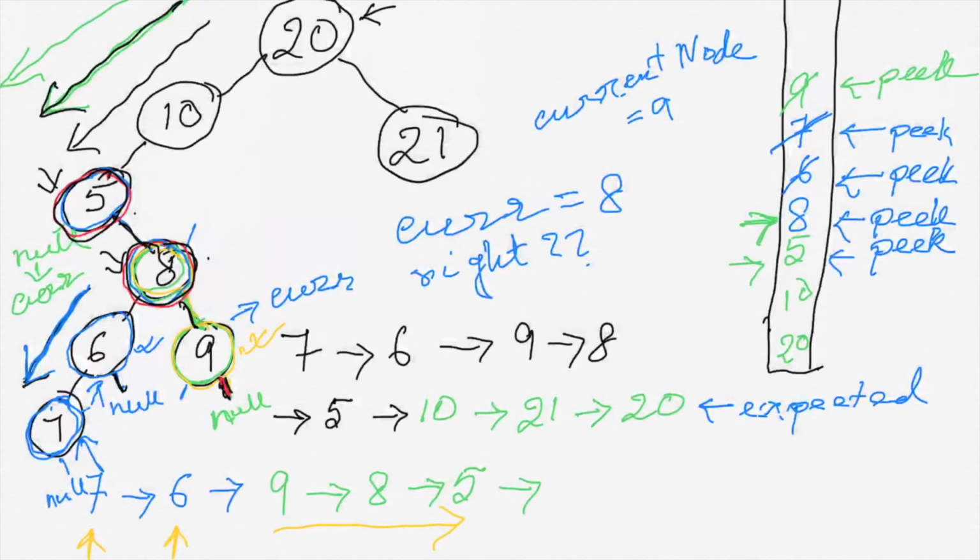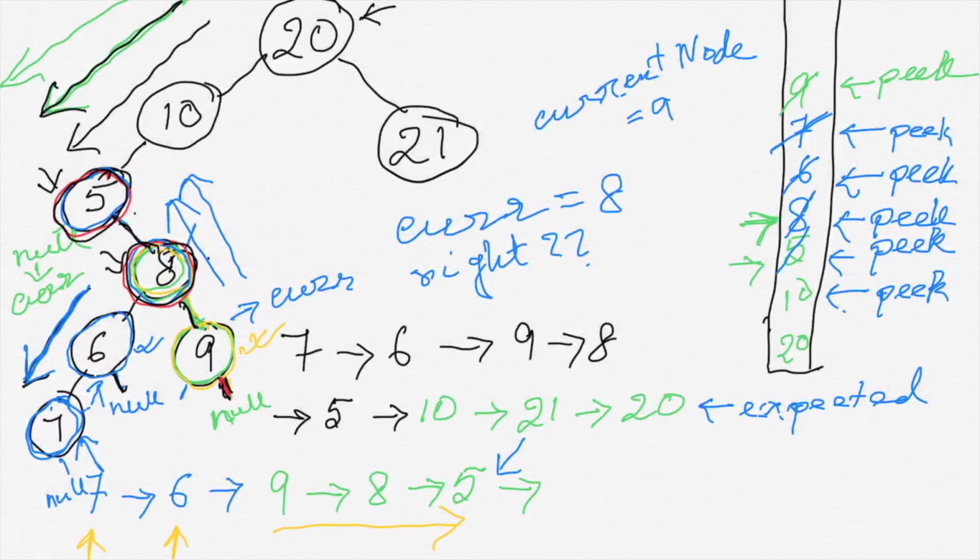So back to our traversal, we were at node 5. 8 and 5 were removed from the stack when we were printing all the nodes in this path. Now we again peek at the stack, and we see that we have 10 on top of the stack.